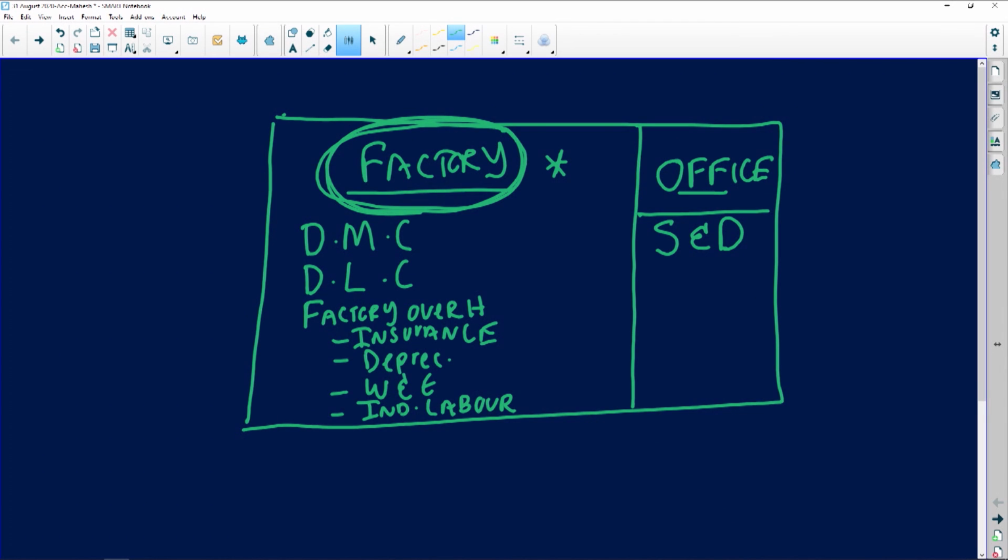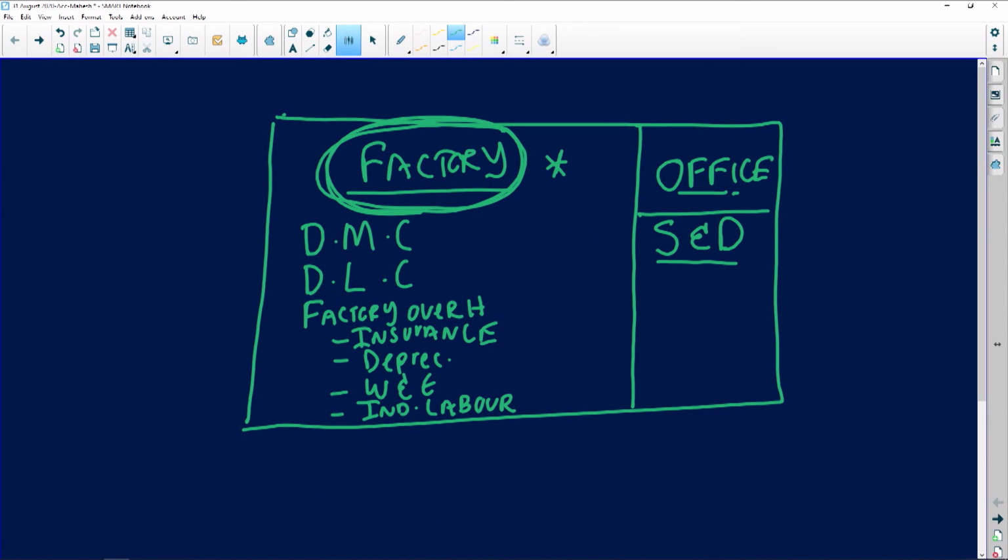Now, what happens to the costs incurred in the office and the various costs incurred in sales and distribution? Remember, we still keep a record of these expenses. So for example, you've got a secretary that answers the telephone. You've got stationery that is used in the office.